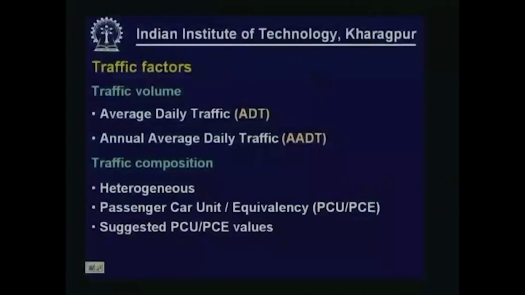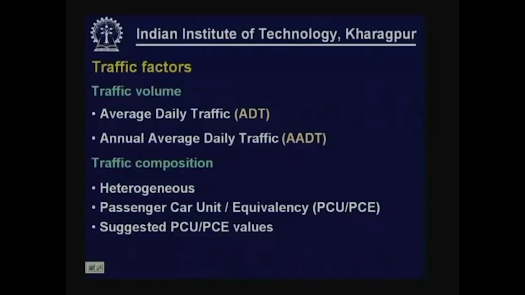Therefore, passenger car unit or passenger car equivalency factors are used to convert a heterogeneous traffic stream to a stream of homogeneous traffic, where a car is taken as the standard vehicle and all other vehicles are expressed in terms of an equivalent number of cars.